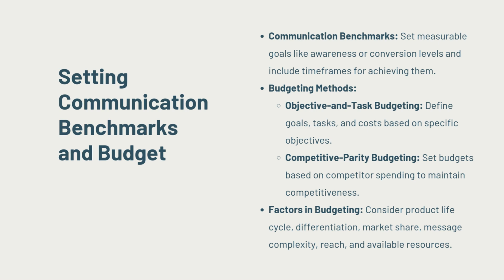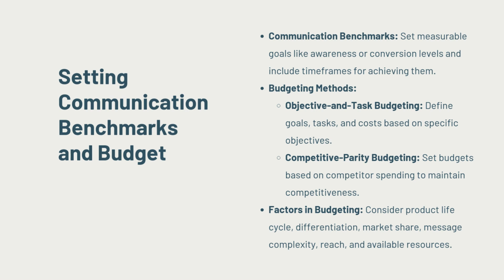Market share also plays a role, because brands with smaller shares must invest more heavily to increase visibility, unlike market leaders who already rely on existing loyalty. Message complexity increases costs when conveying intricate information, especially for new technological products.